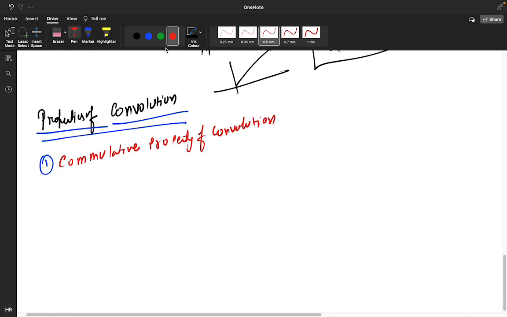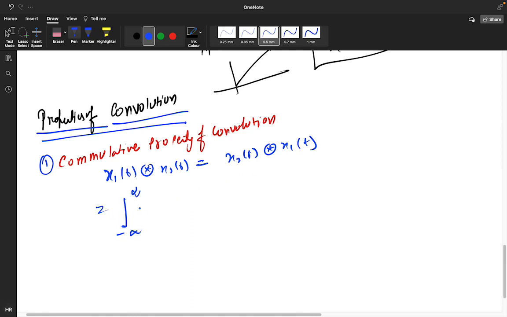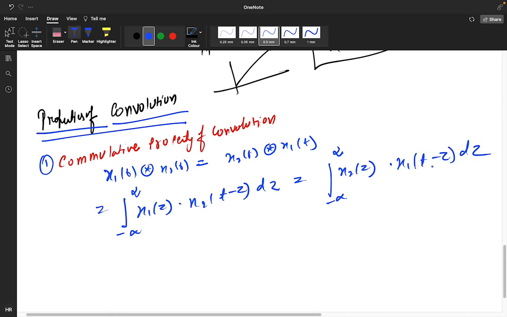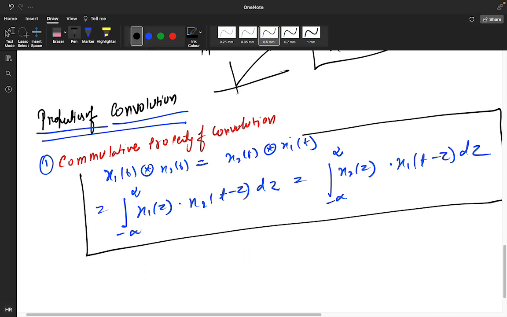What is the meaning of this? x1 of t convolution with x2 of t will be equal to x2 of t convolution with x1 of t. That means integral from minus infinity to infinity of x1 of tau into x2 of t minus tau d tau equals integral from minus infinity to infinity of x2 of tau into x1 of t minus tau d tau. So this is the commutative property.